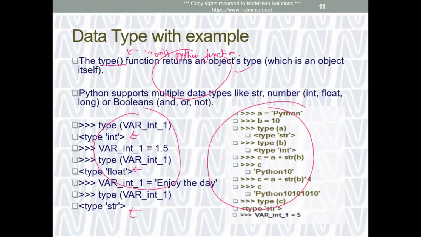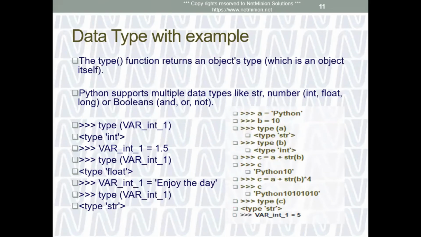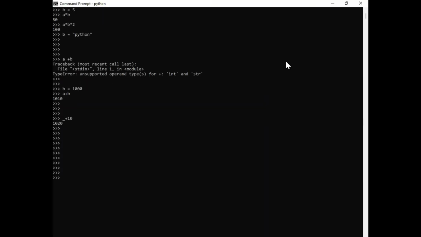Let me show you a real-time example. Let me open the command prompt. If I say a equal to 1 and check the type of a, it says the object is of class integer.